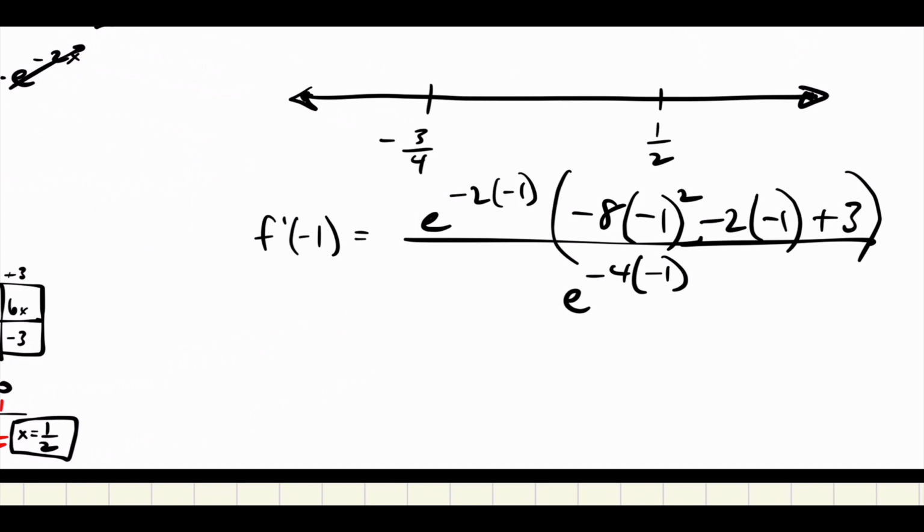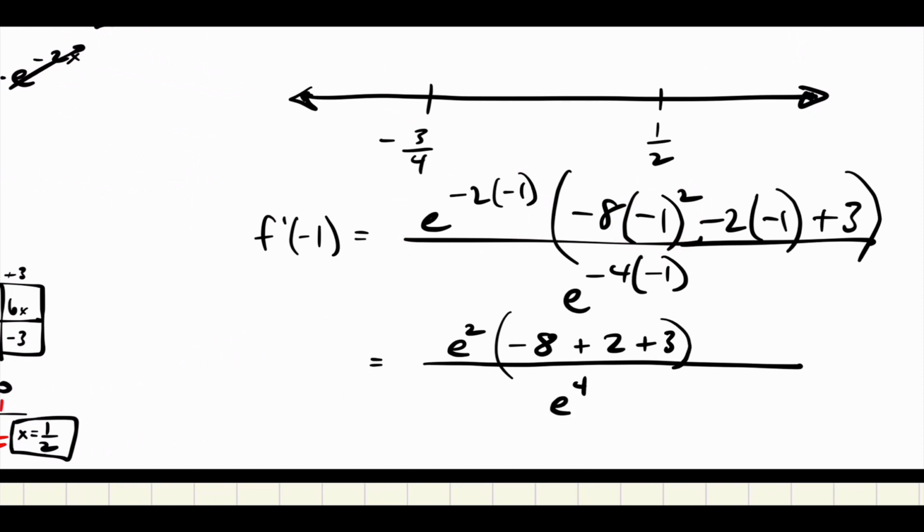So let's try to do mental math. This is going to be e squared. This is going to be +1. It's probably easier just to do it. -8 times 1 is -8, plus 2 plus 3. And then this would be e to the 4th power.